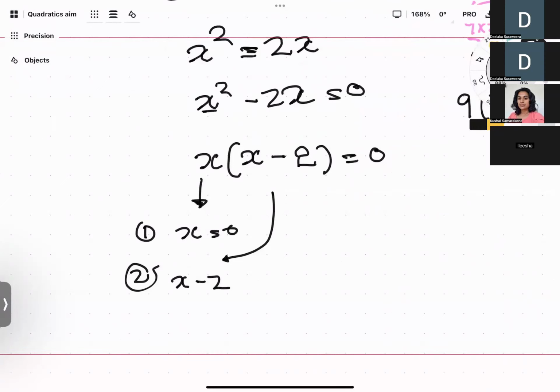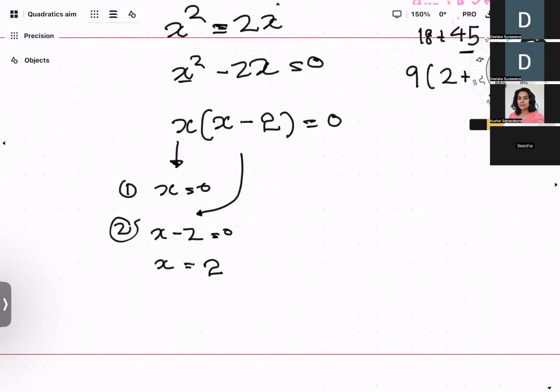X minus 2 equals 0 means x equals... X minus 2 is 0. You add 2 to both sides. I've just added 2.